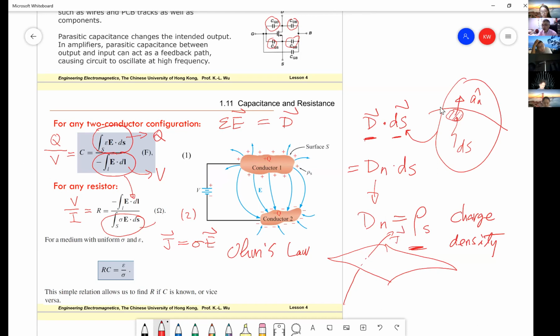I collect all the normal components, because the tangential component won't go through the surface. That's why the dot product is very useful. I always use the dot product to collect the normal component.